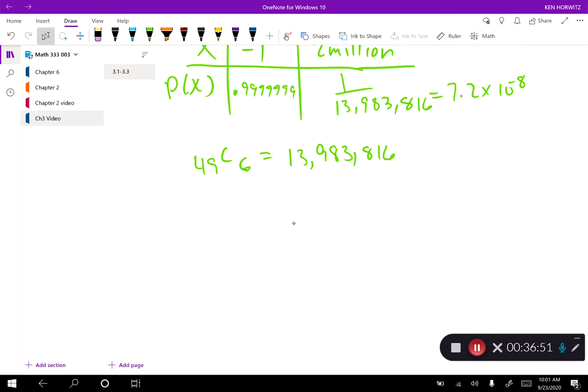All right. So now if I wanted to know my expected value, my expected value would be the probability of winning times my 2 million bucks, my prize money, plus the probability of losing times the price to lose, which would be I'd lose $1.